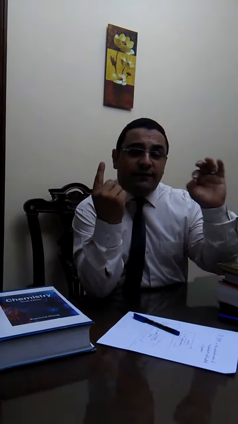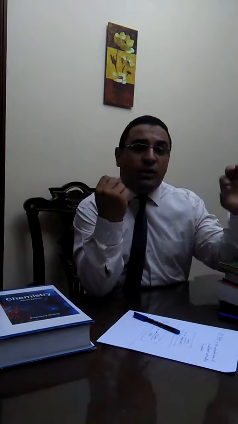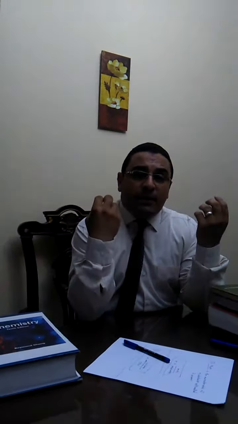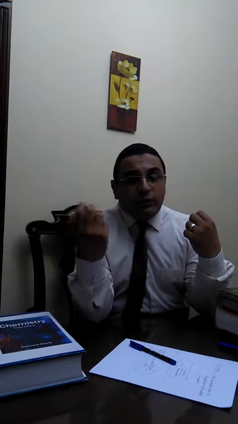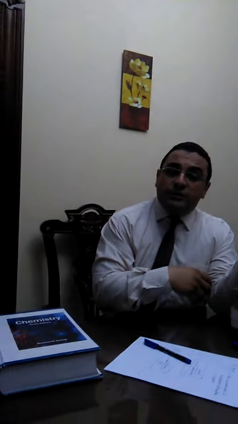What's the relation between the mole and the number of atoms? The Italian scientist Alessandro Avogadro told us what? Told us that 1 mole of any substance has a fixed number of atoms, or ions, or molecules. Fixed number of tiny things. Atoms, or ions, or molecules. When can we say atoms, when can we say molecules, when can we say ions?